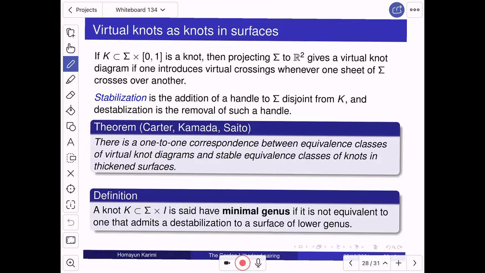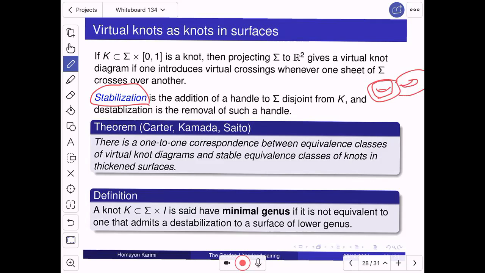You can say that there is a one-to-one correspondence between virtual knots and knots in sigma cross I up to a move called stabilization, which means that you have a knot K inside the surface, and you just add another handle to this surface.